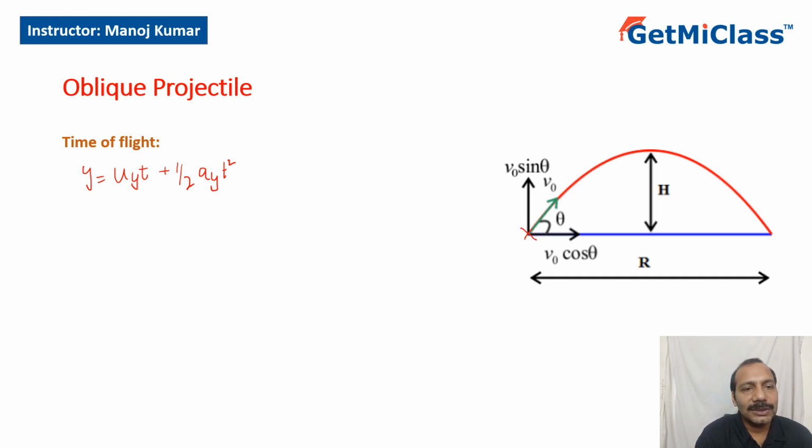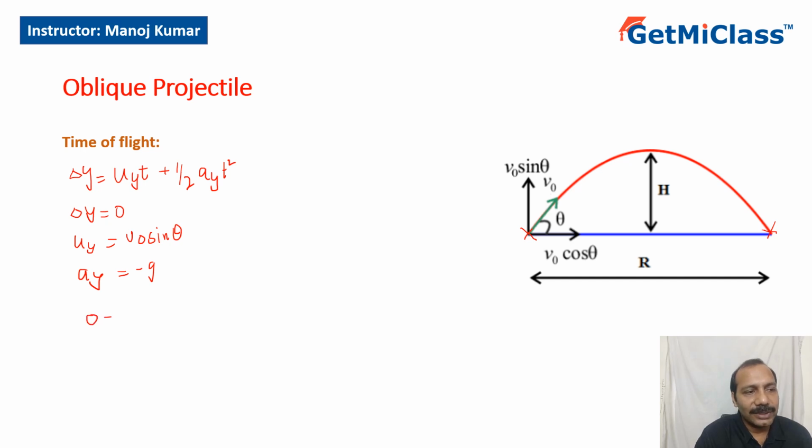You can see that both the positions are at the same height, so the net change in vertical position is 0. And what is uy? You can see that uy is v naught sin theta, and we all know ay is minus g. So let's substitute it.